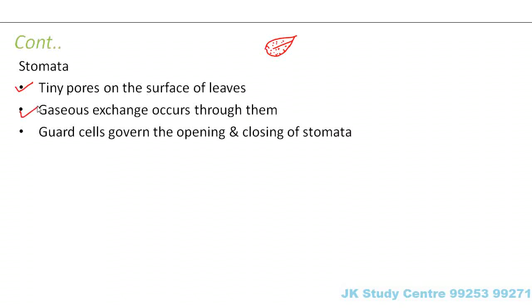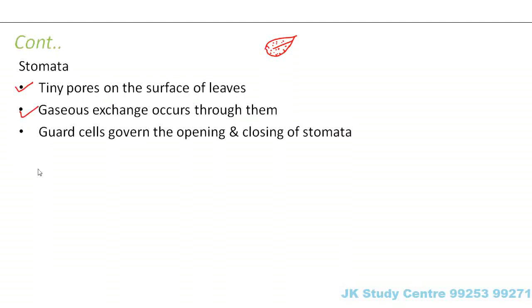Now, another important thing is that the gaseous exchange I was talking about just now happens in many other ways as well. For example, gaseous exchange can happen through roots, it can also happen through stem, and it can also happen through stomata. But the majority of this happens through stomata.